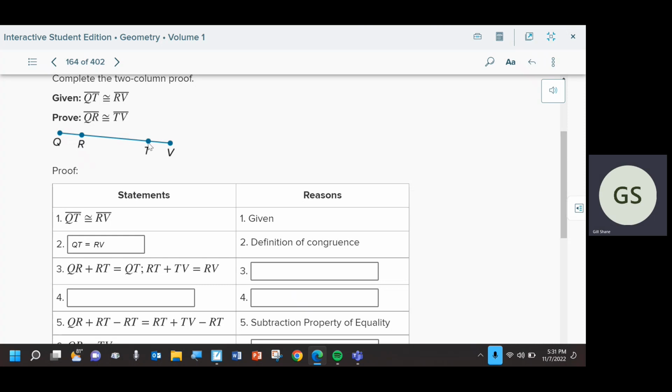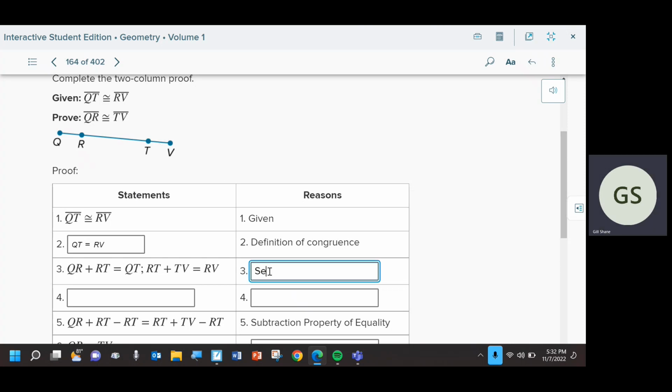That's the segment addition. Little plus little equals big. Then it's the same thing for RT, TV, RV. RT, this little segment, plus this little segment equals this whole bigger segment. That is the definition of the segment addition postulate.